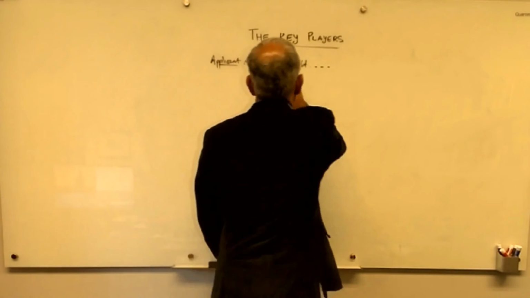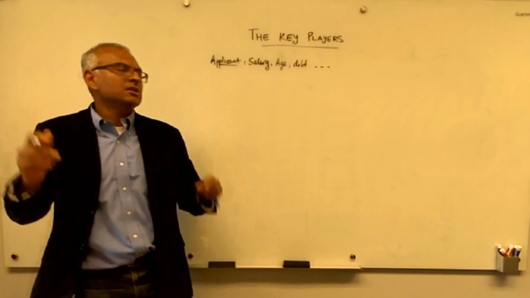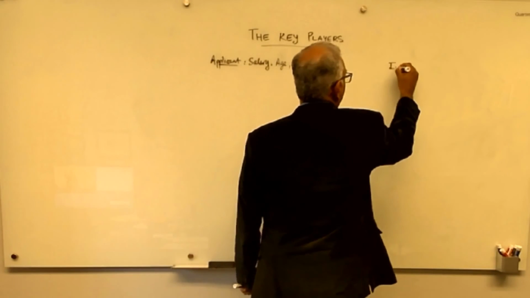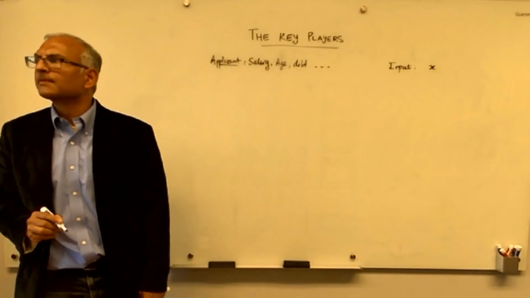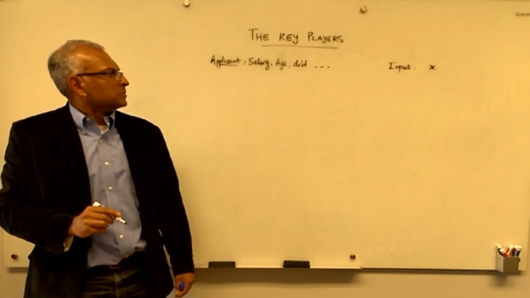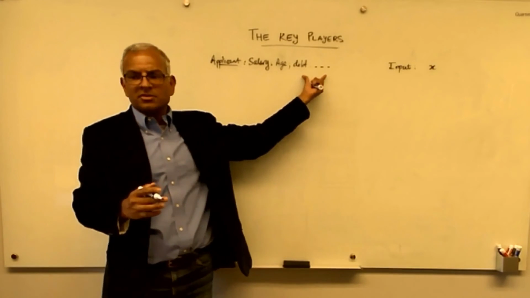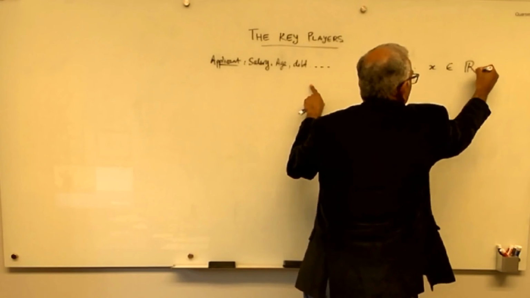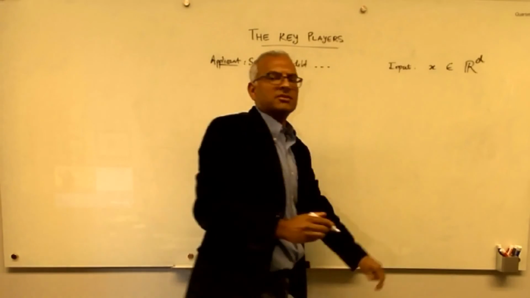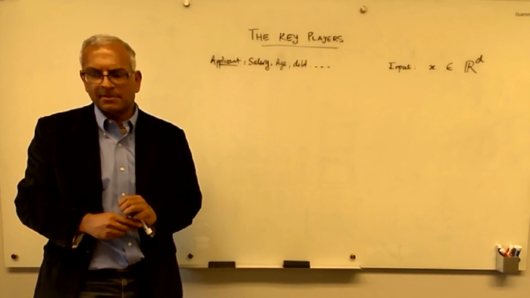So we'll represent the applicant's attributes and generically call it the input, x. Now, we don't need to restrict ourselves to exactly 10 features. So generically we will say that x belongs to a d-dimensional vector space, in which case there are d attributes that have been collected.